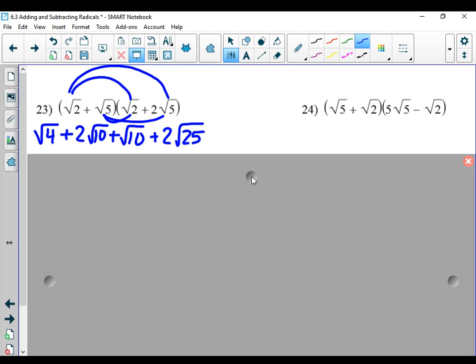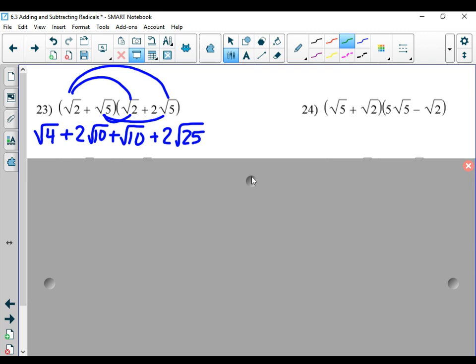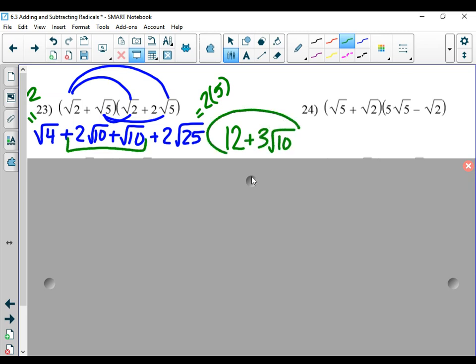Okay, so then from there, I know that my 4 is going to get me 2. And then over here, I get 2 times 5, which will get me 10. Okay? So then I have my 10 and my 2, so I get 12. And then I can combine these, and that gets me 3 square root of 10.